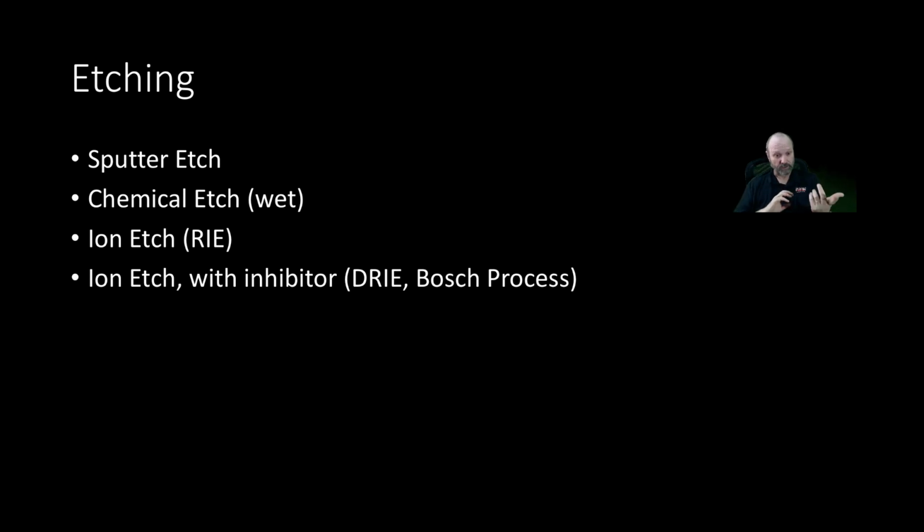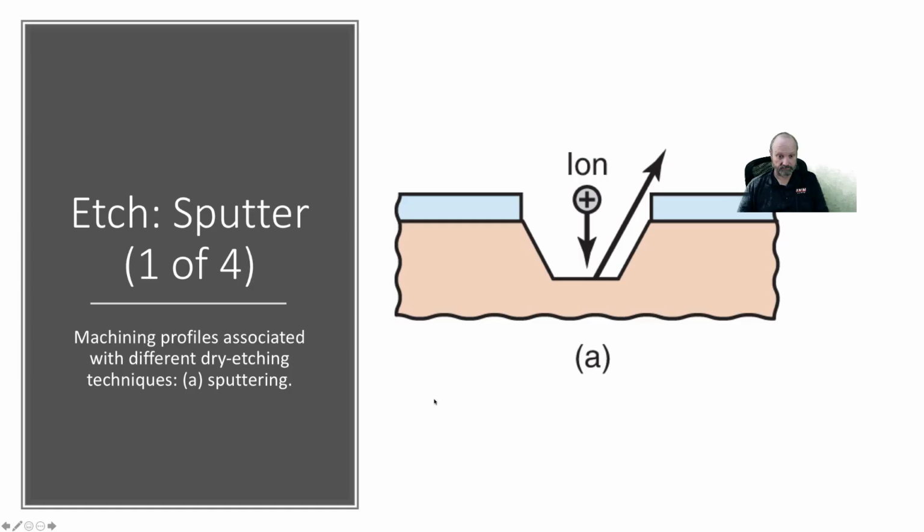Then we have chemical etches, so the photoresist protects where you don't want the chemicals to interact with the surface, with the material you're trying to get rid of. And then the open areas in the photoresist are available to get etched away by the chemicals. And then we have ion etching of different types: reactive ion etching, and ion etching with an inhibitor, such as the deep reactive ion etching process, also known as the Bosch process, named after the company that invented it.